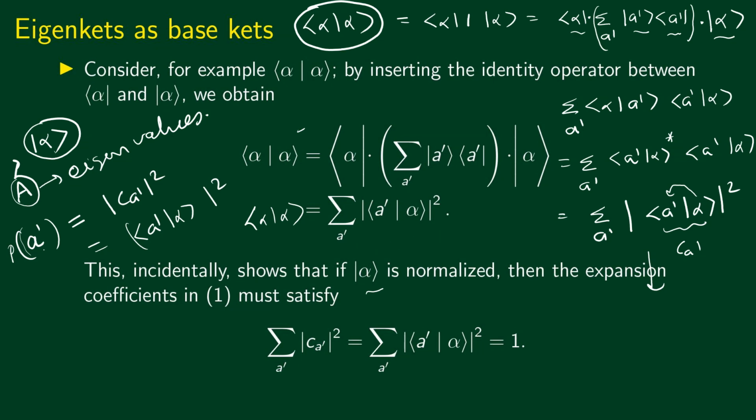And the condition that alpha is normalized can be written as this condition: the sum over the squares of many complex numbers is equal to 1. So this condition for normalization boils down to a concrete expression of this manner.